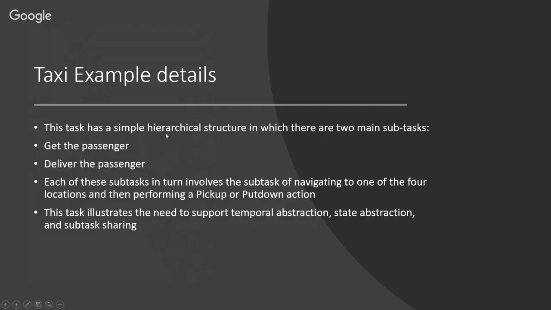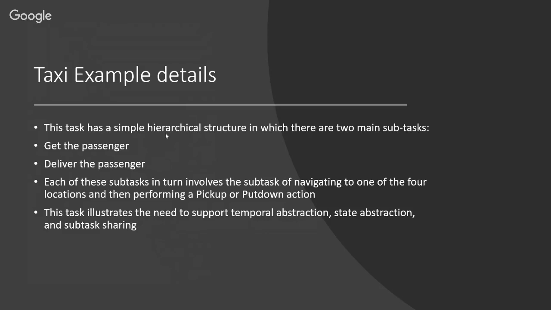So, the taxi example details. I'm just going to go into a bit more of the actual problem itself from the paper. The task has a simple hierarchical structure in which there are 2 main subtasks. Get passenger, that's one task it needs to do, and the other is delivering the passenger.